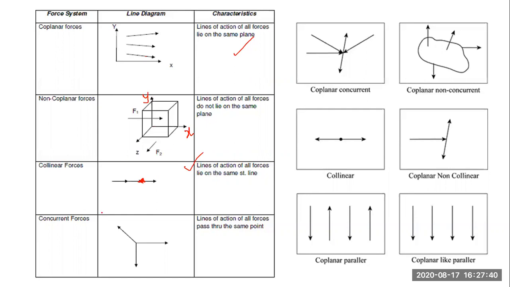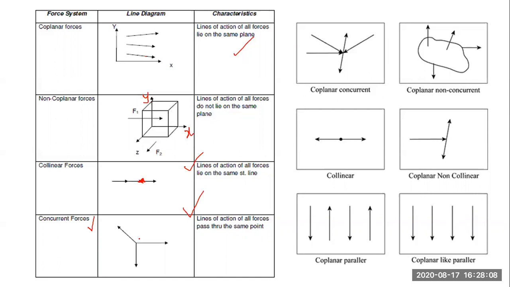Here, concurrent forces. If a number of forces can be drawn from a single point, that means if a number of forces have a common point of intersection, that means the lines of action of all forces pass through a single point.